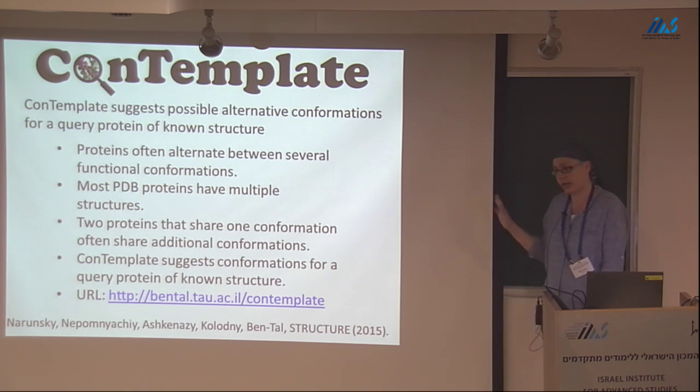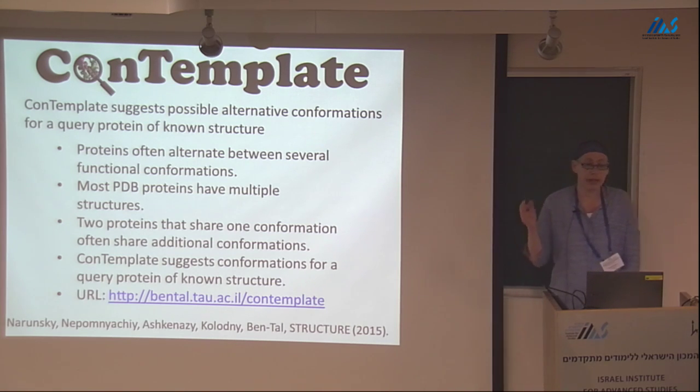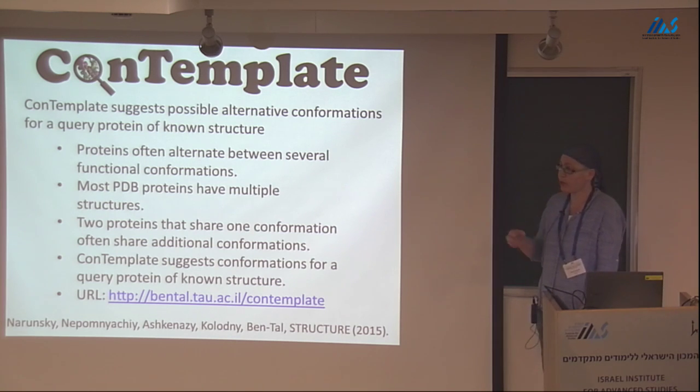So this is the idea. Proteins often appear in multiple conformations, and even in the PDB you often find proteins in multiple conformations. So if you have a protein query and you know its structure, you can ask Aya's server, Contemplate, to find additional conformations for you.